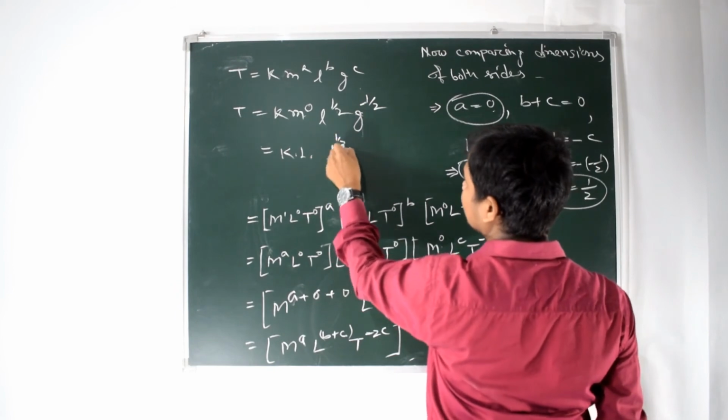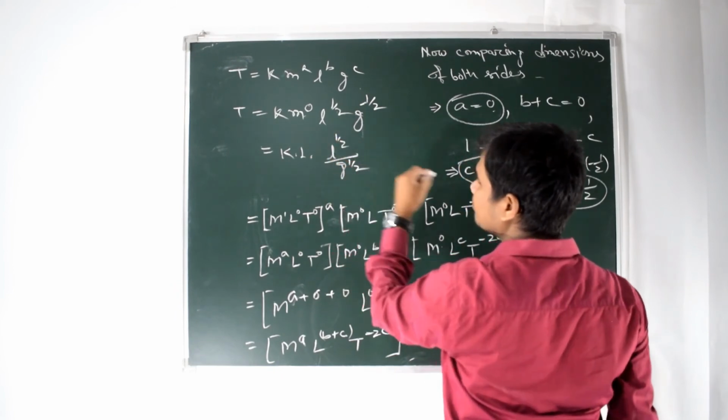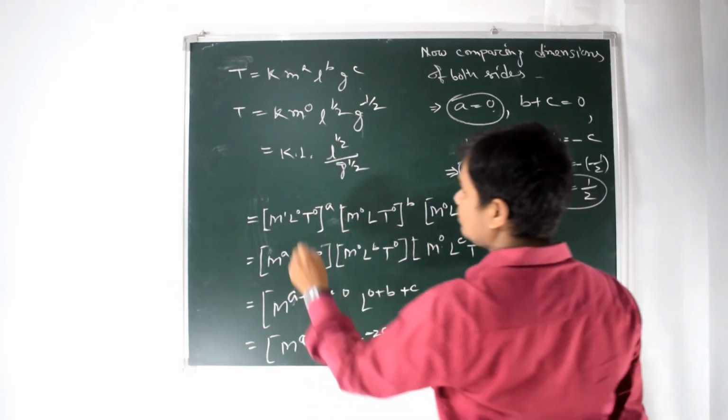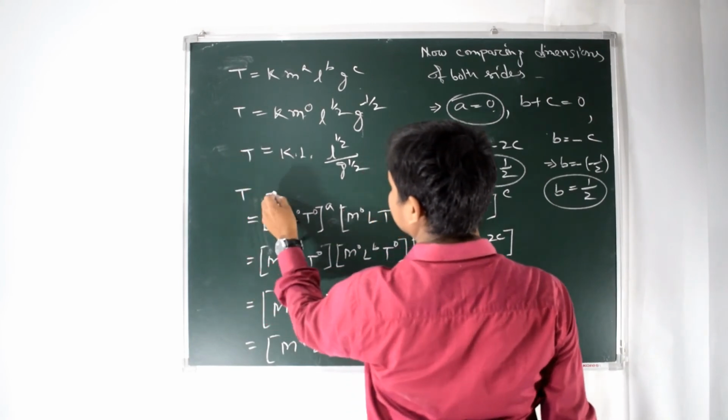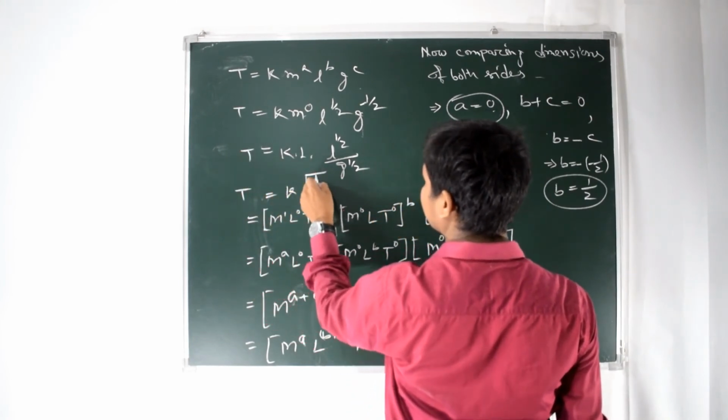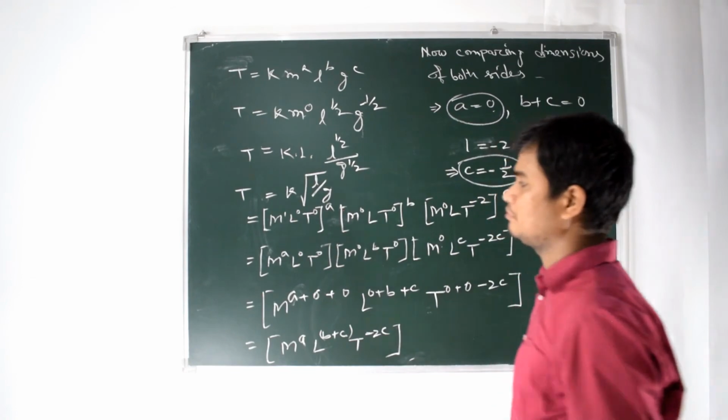M to the power 0 means 1. So T is K root over L by G.